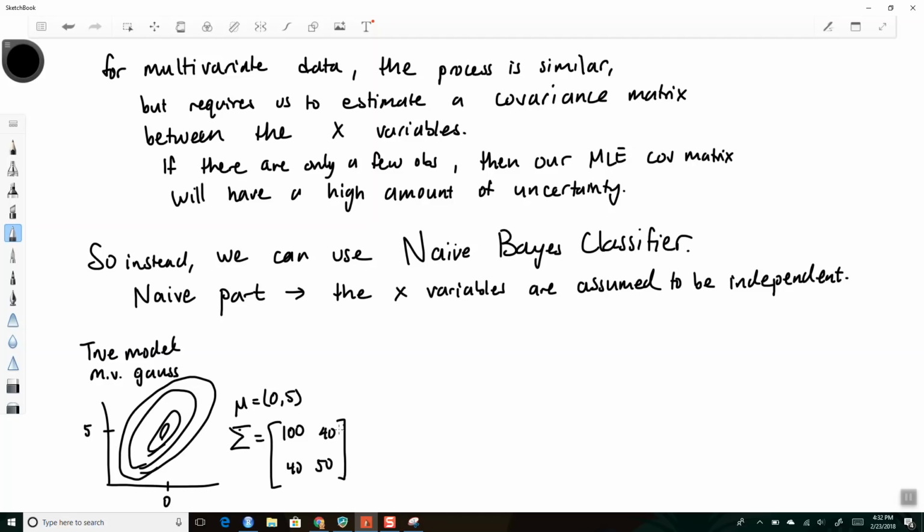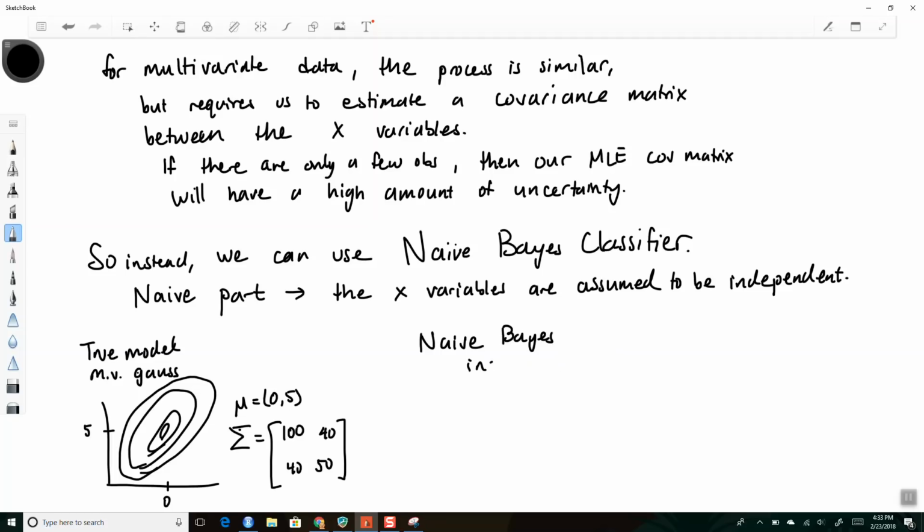There's covariance between the two sides. Well, with naive Bayes, we're going to say it's not even a multivariate Gaussian, it's just the product of two independent Gaussians.